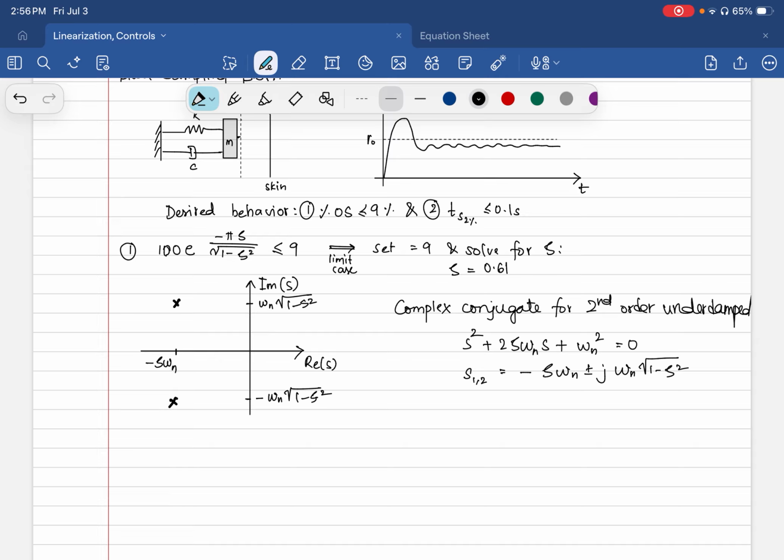From this, how do we get to this point that zeta is equal to 0.61? Can you see a zeta here, just a zeta in this graph? To analyze it further, let's look at the hypotenuse. What is the magnitude of the complex pole?